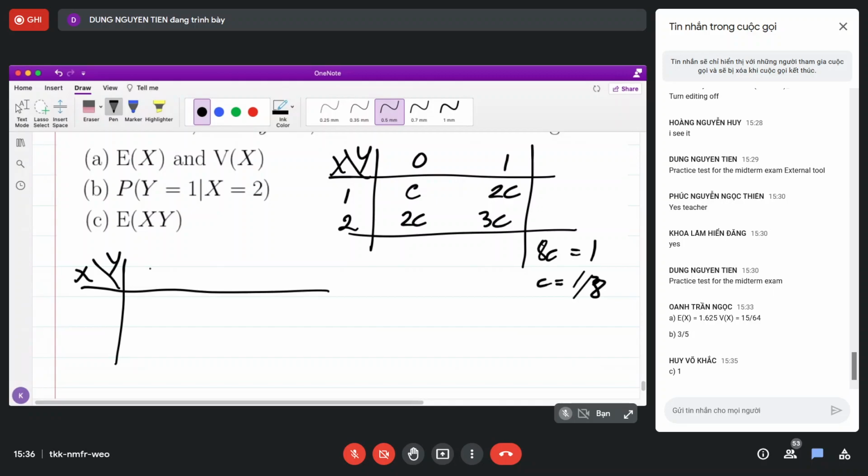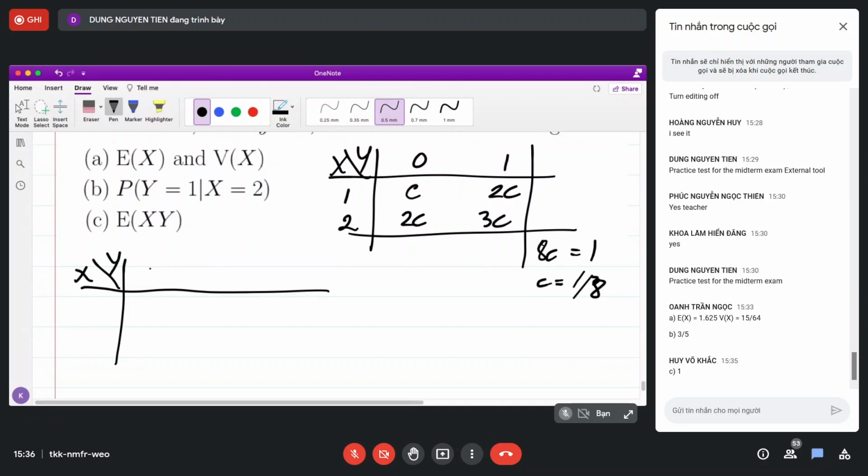Then the mean value of x times y is 1 times 0 times the probability that x equals 1 and y equals 0, plus 1 times 1 times the probability that x equals 1 and y is 1, plus 2 times 0 times the probability that x equals 2 and y is 0, plus 2 times 1 times the probability that x equals 2 and y is 1. This is 0. This is 0 as well. So you only need to compute the other two terms.